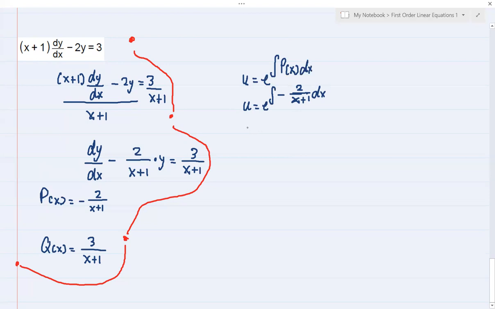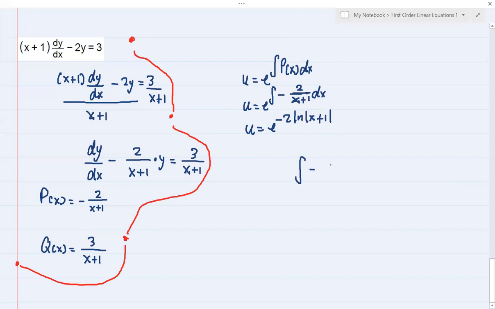To make things short, the answer for that is e raised to negative 2 times ln of x plus 1. That's it. So how did I get from the integral of negative 2 all over x plus 1 into negative 2 times ln of x plus 1?